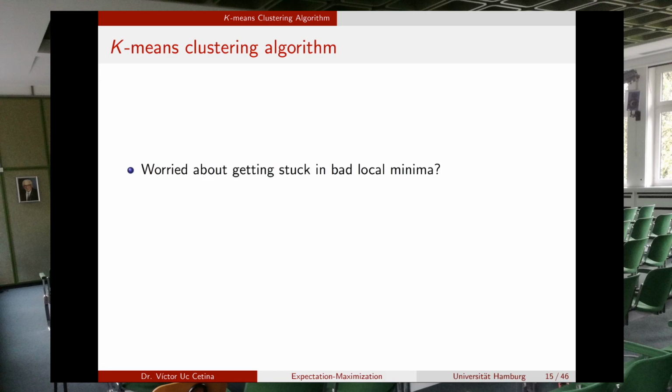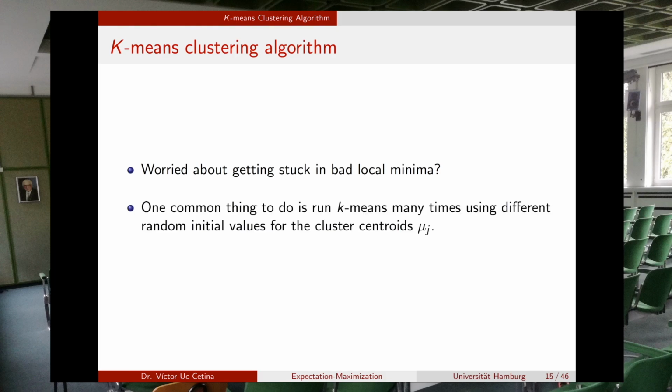If you are worried about running this and getting stuck in bad local minima, usually what you do is simply run many experiments with different k values, and even with the same k value you reinitialize the algorithm with different centroids, just to make sure that the clustering solution that you are getting is the best one for your application.